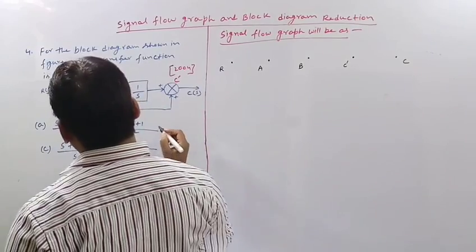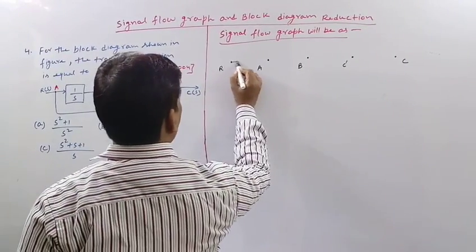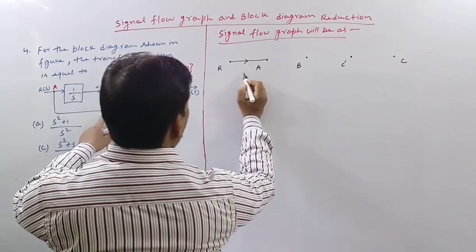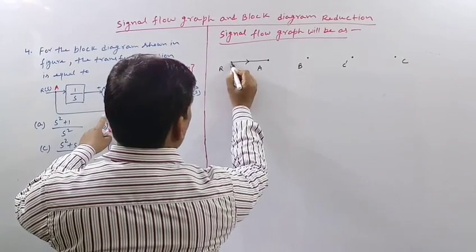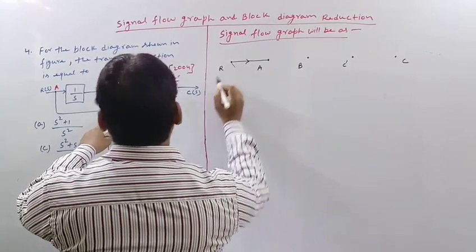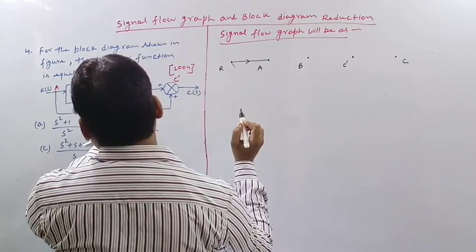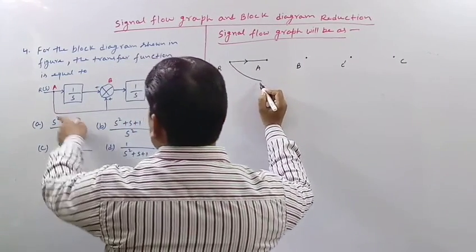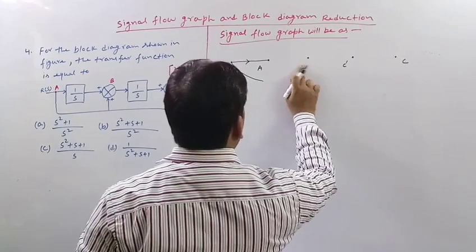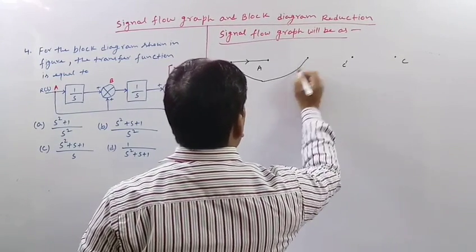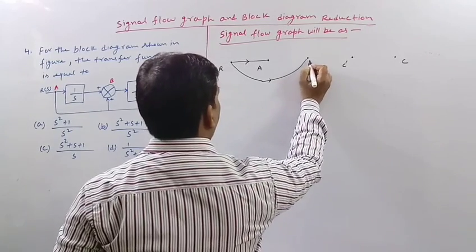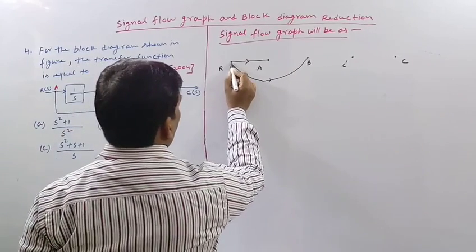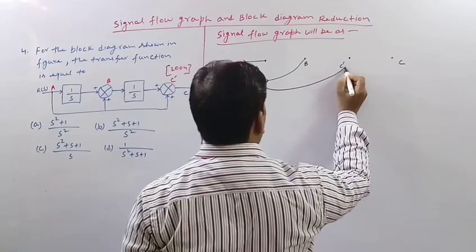So from R to A, from A to D. There is no need of D also, because we can directly join R with B. We can directly join R with B, and we can directly join R with C dash also.